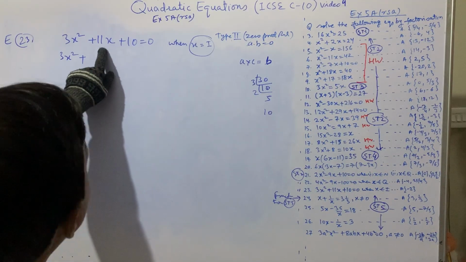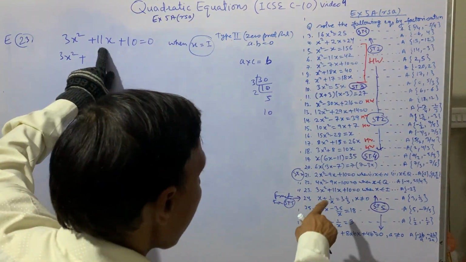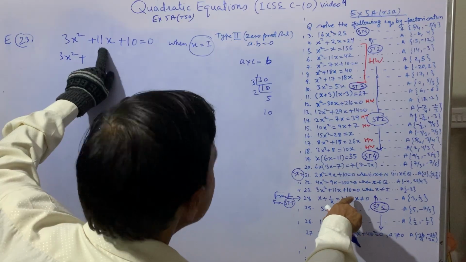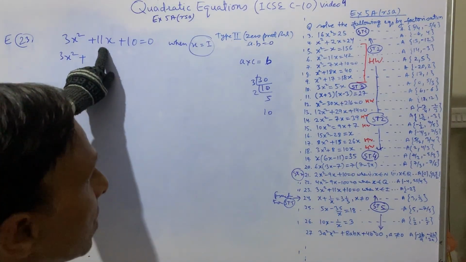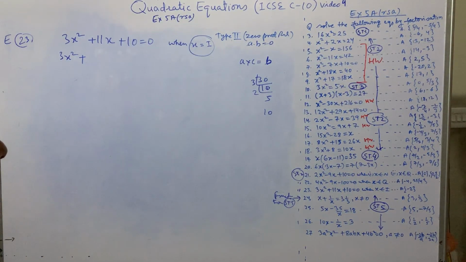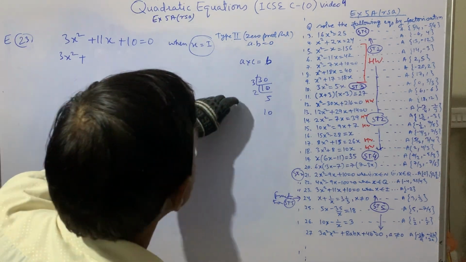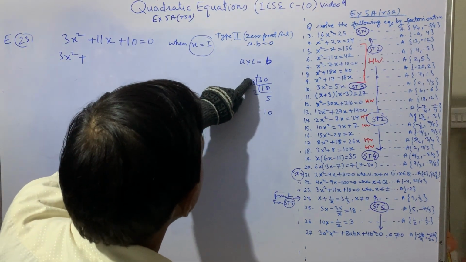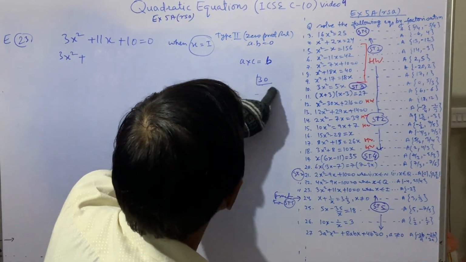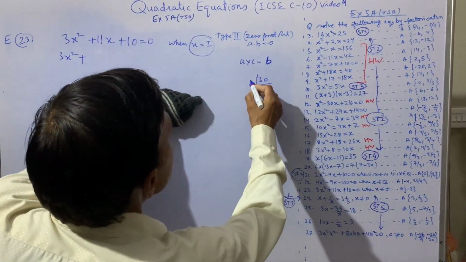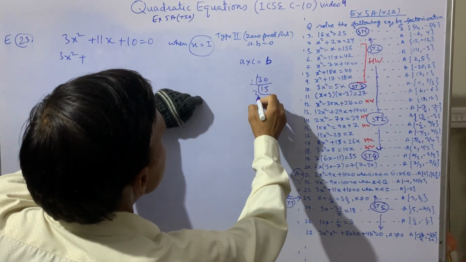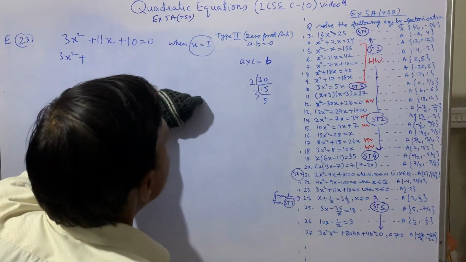Let's check the question: 3x square plus 11x plus 10, it's okay. When x belongs to the set of integers, you can do it this way also: 2 into 15 and 3 into 5 into 15 also become the same.